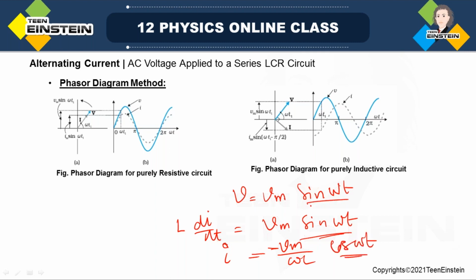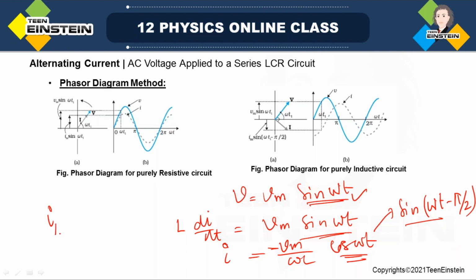That means voltage is sine omega t and this is cos omega t. This cos omega t can be written as sine of omega t minus pi by 2. That means in the case of an inductor, the current is lagging behind the voltage by 90 degrees.